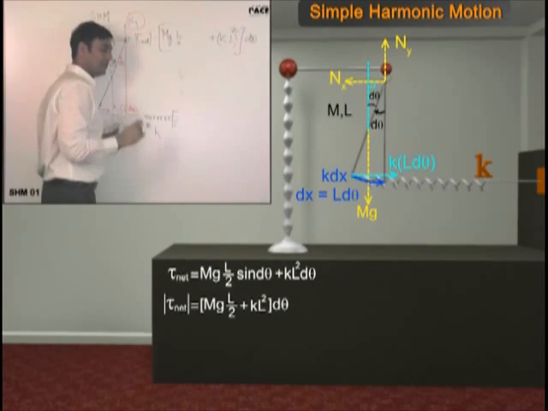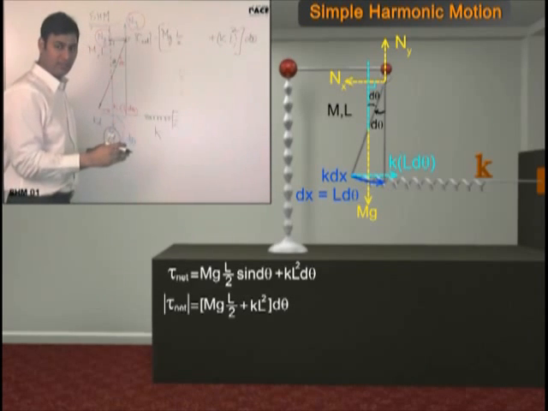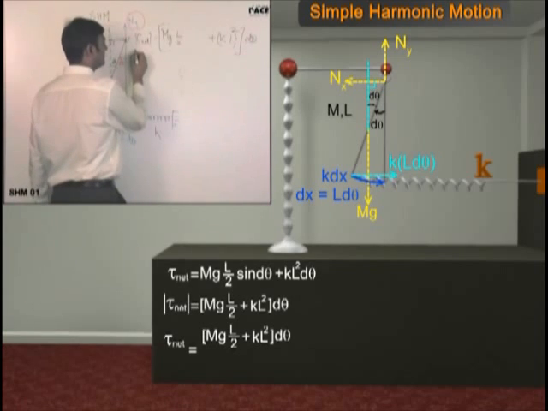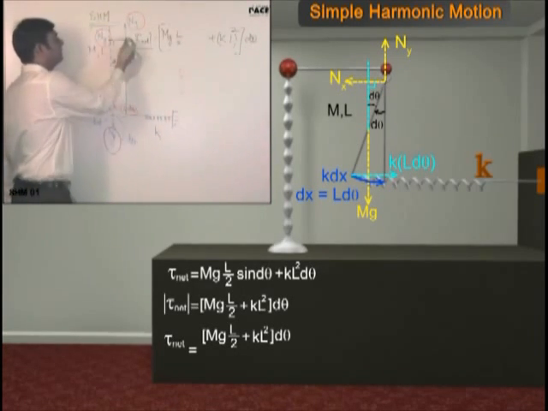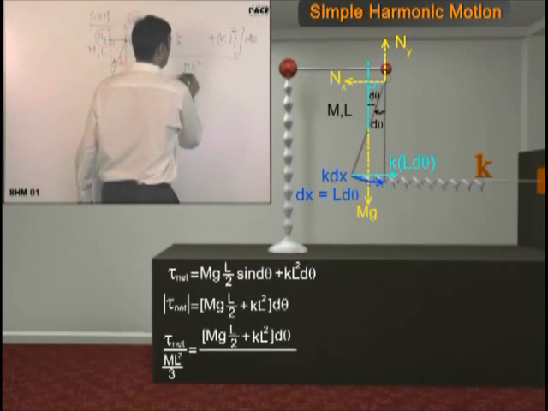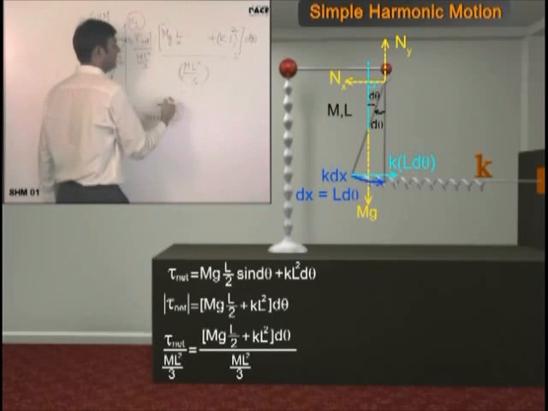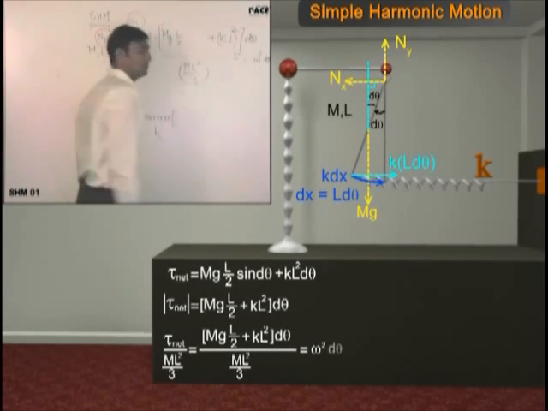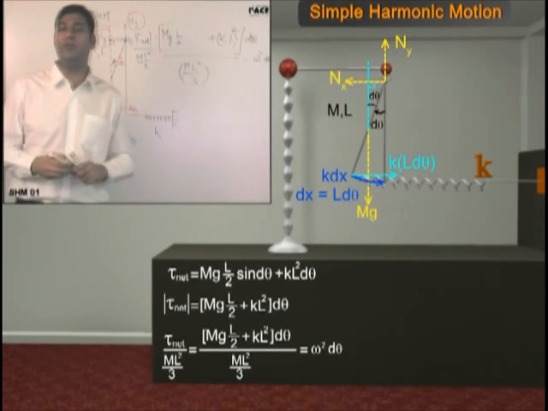Yes, sir. Is it SHM? Yes, sir. What do I do next step? What is the moment of inertia? Now next step. Put it equal to omega square. And you find omega, time period will be 2 pi by omega.